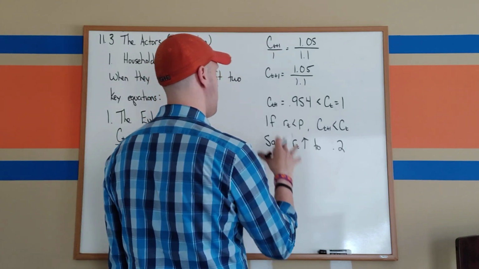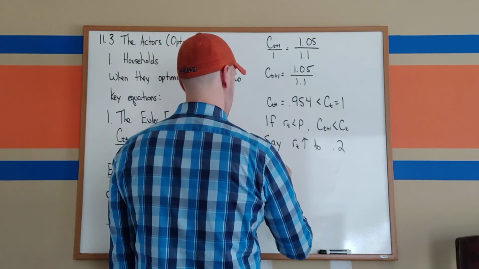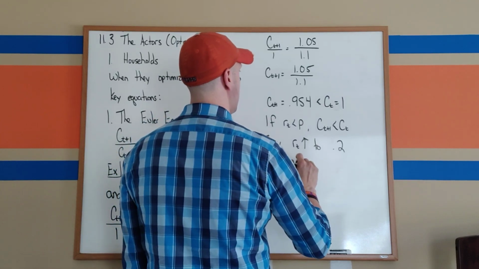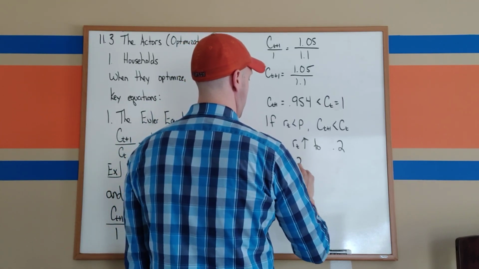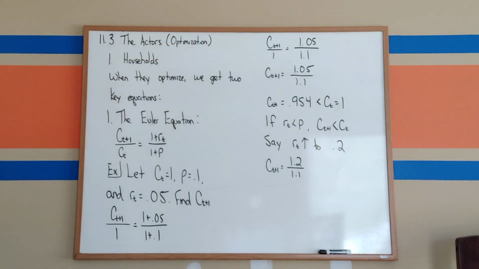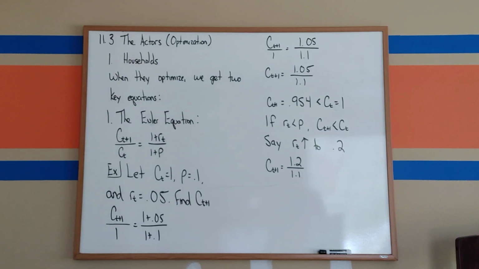So everything is the same except the interest rate has gone up. Well, now I've got 1.2 over 1.1. Right? What is that going to give me? Well, what that gives me is 1.09.